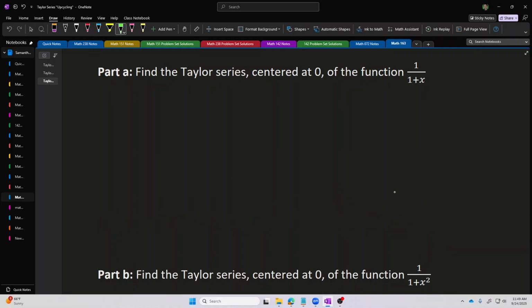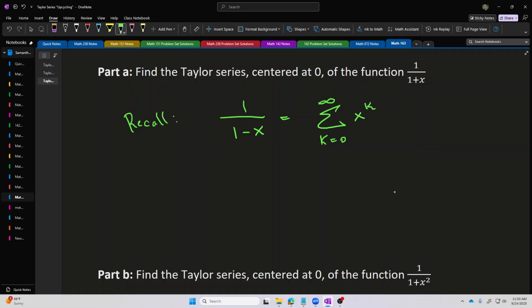The very first thing that I'm going to do is acknowledge how similar this function is to the function that I saw in yesterday's video, which was 1 over 1 minus x, and which we saw had the series representation, the sum of just x to the power k.